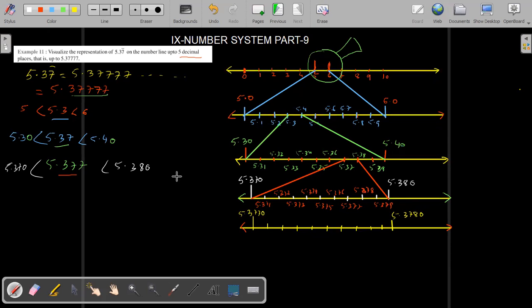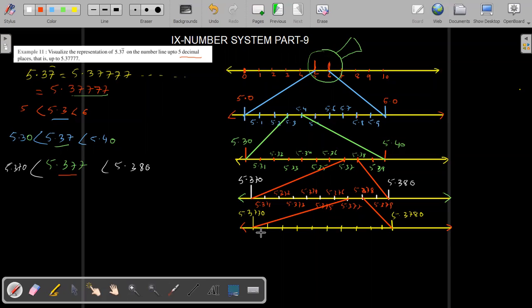We are just increasing one zero. So 5.377 is this one, and 5.378. Okay. And then we will write their values.